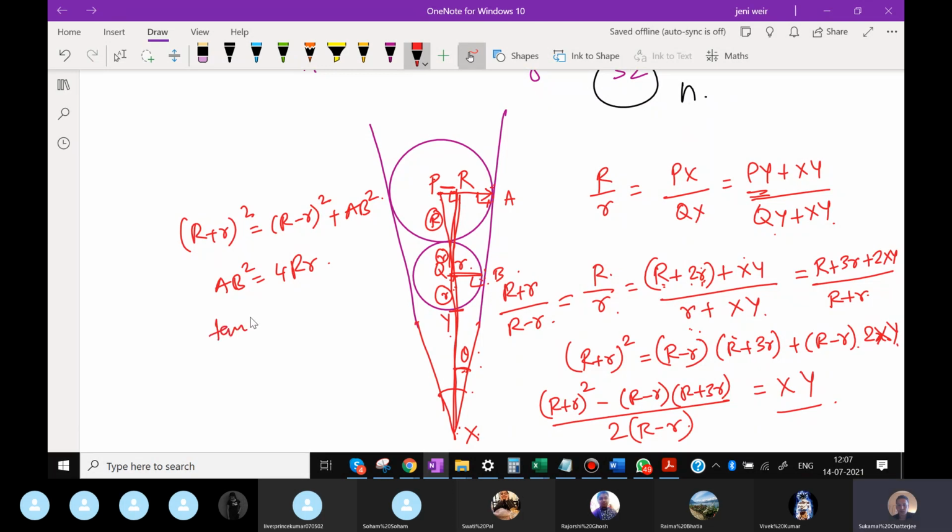So tan theta will be equal to small r by QX. And you already know the value of XY in terms of R and r, right? Sir, and maybe it's r by BX. Tan theta, you can do sin theta also, right? Doesn't matter. You want to do r by BX, that would be sin theta, right?